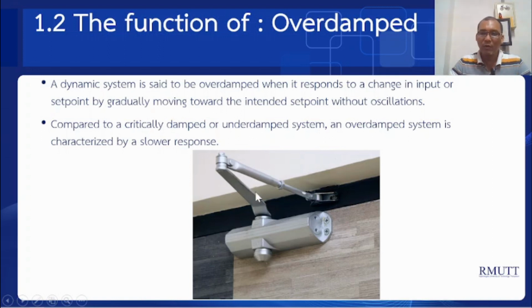Overdamping can occur when a person enters the door and then the mechanism reacts to that. It will close the door slowly until it perfectly closes without any overshoot. So this is the overdamp.